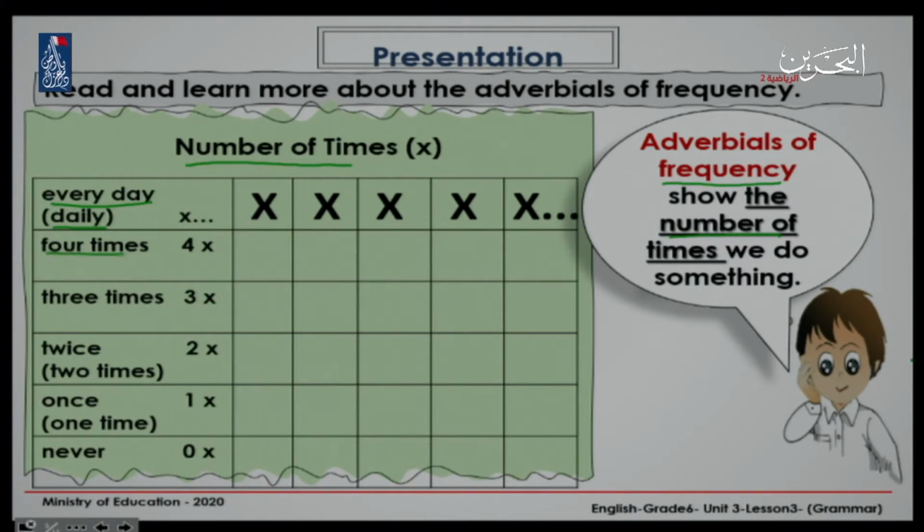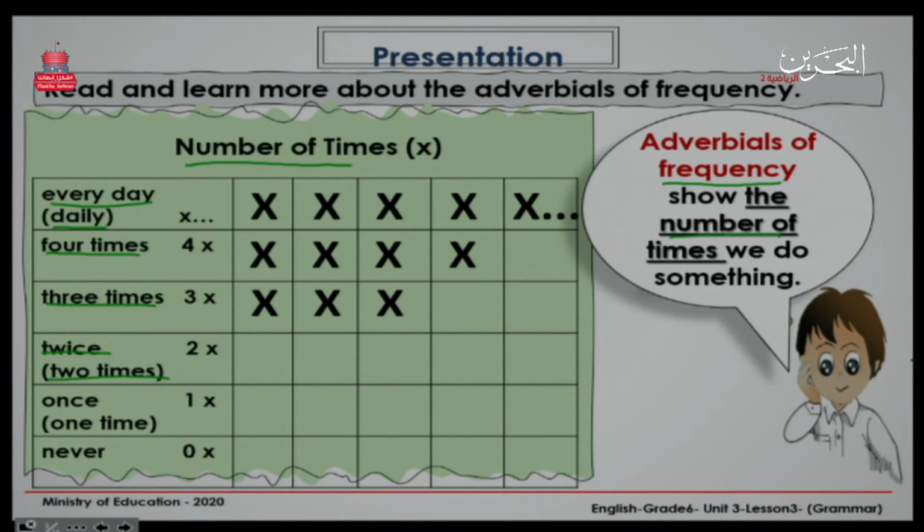The second one we have is 4 times. We have 4 X's. It means you do this activity 4 times a week, a year, or a month. The third one we have is 3 times. Okay, it means you do this activity 3 times a year, a month, or a week again.